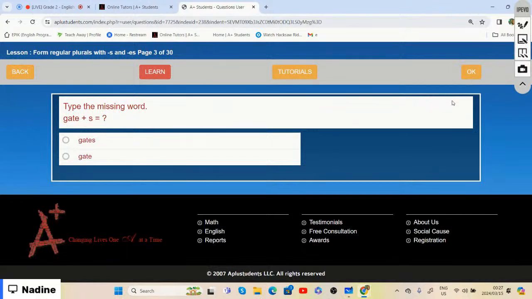So gate plus s. Is it still gate or is it gates?